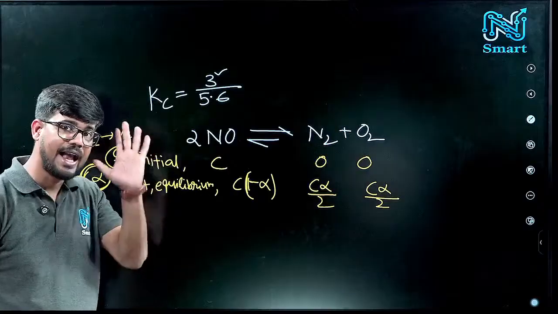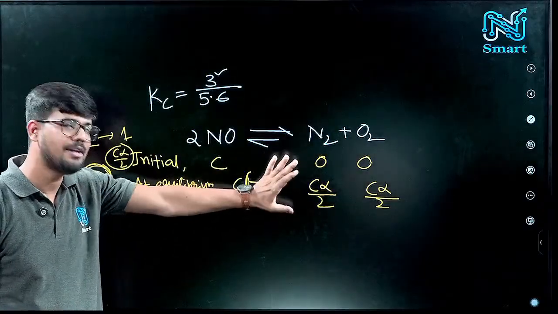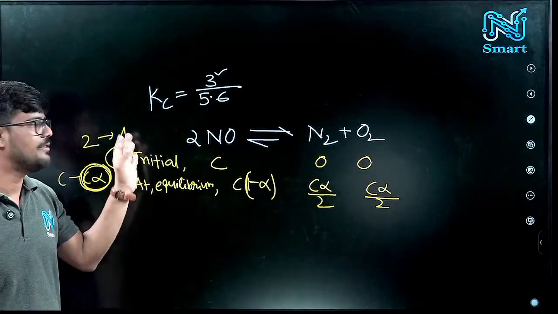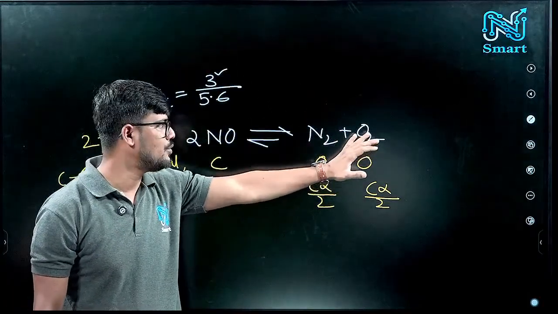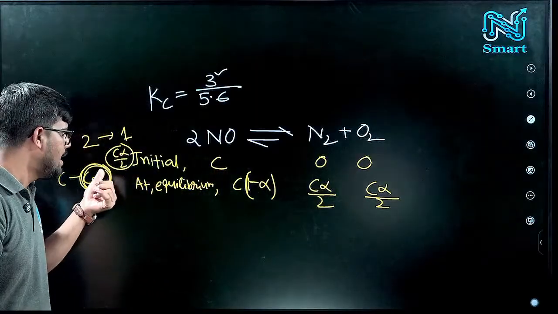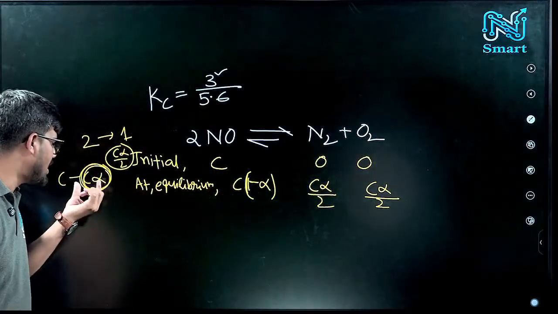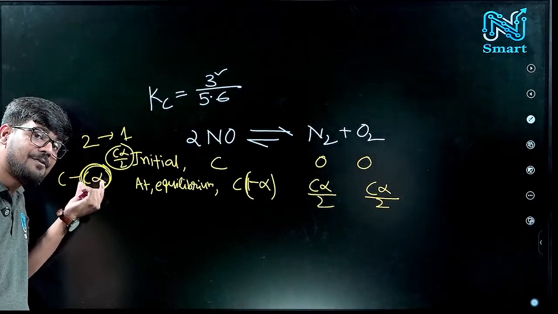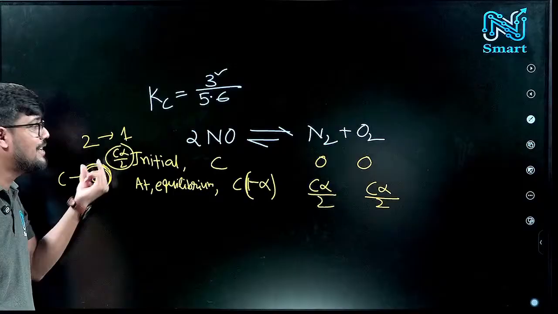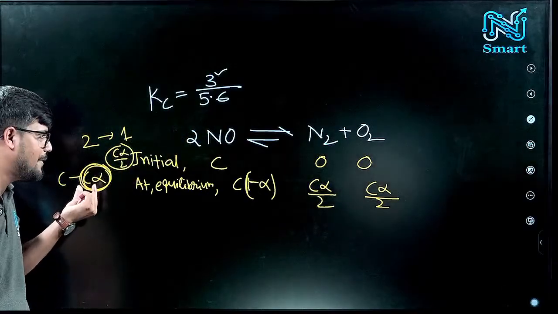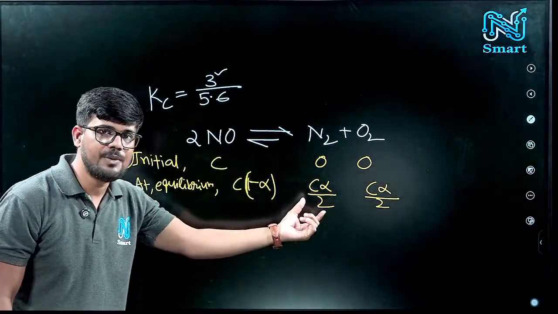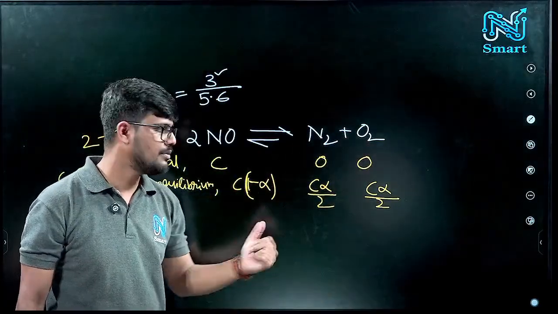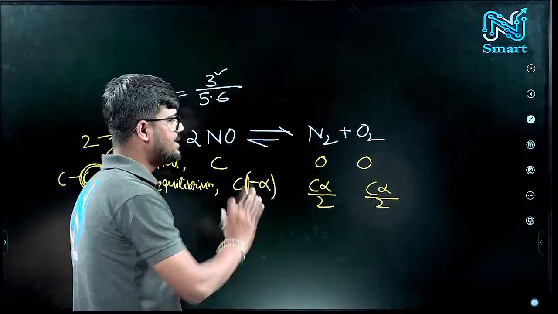Same logic, again I am repeating, this is very important, and here most of the students are stuck. 2 molecules of NO are converted into 1 N2 molecule and 1 O2 molecule. And now at equilibrium, only C alpha molecules are converting into N2 and O2. So from C alpha, how many molecules of N2 will be there? C alpha by 2. For O2 also C alpha by 2. Okay, yes, this is our equation.